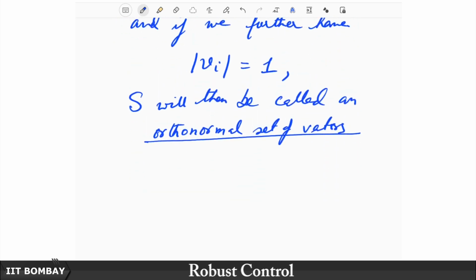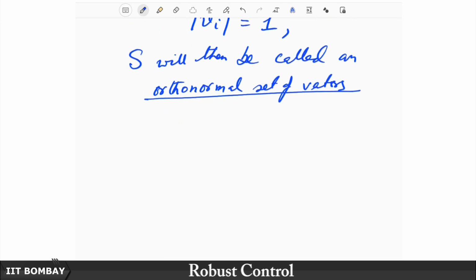And one of the interesting properties that we shall start today's lecture with is that when you have a bunch of orthonormal vectors, then they are bound to be linearly independent. The same is not true of an orthogonal set of vectors, and we shall highlight shortly why it is so.